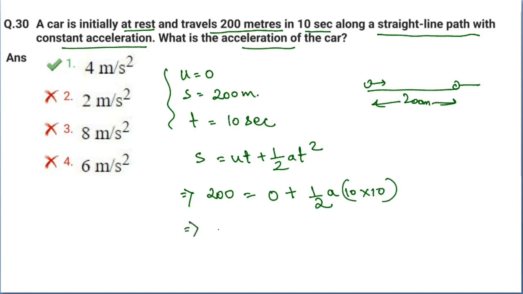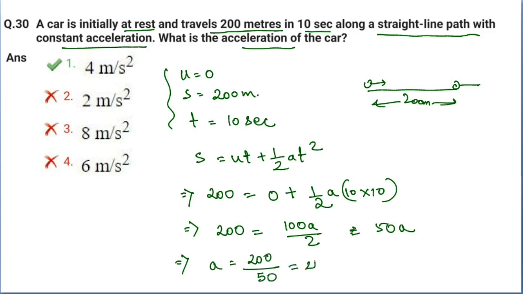So here 200 is equal to 100a by 2, right? That is equal to 50a. So a is equal to 200 divided by 50, and that is 4 meter per second square. Acceleration of the car is 4 meter per second square, and it is given in option 1, that is the correct answer.